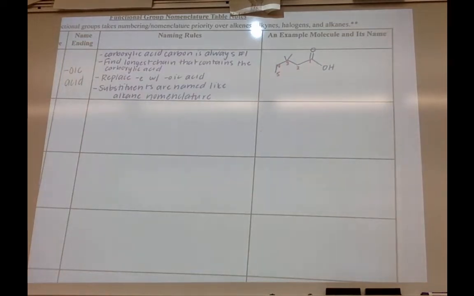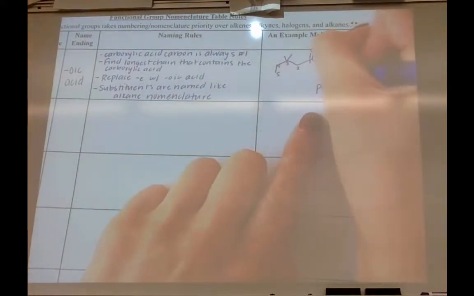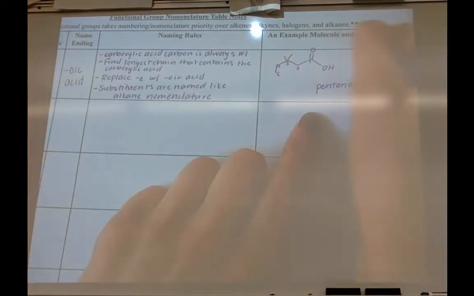So when you name this, what's the prefix for 5? Pent, right? And 5 carbons all single bonded would be pentane. You drop the E and you add oic acid. So the parent name here would be pentanoic acid. So the parent chain, or the parent name, if I write it over here, would be pentanoic acid.